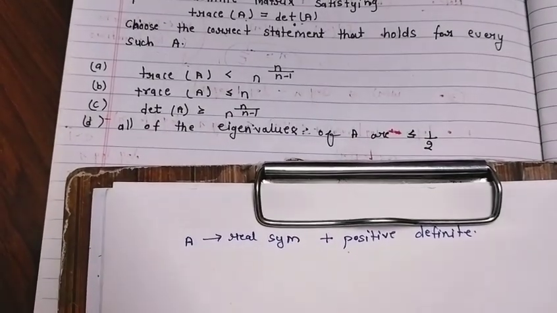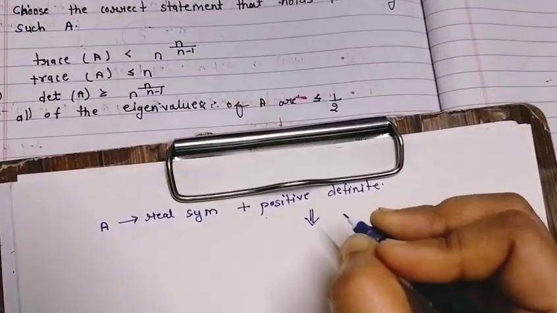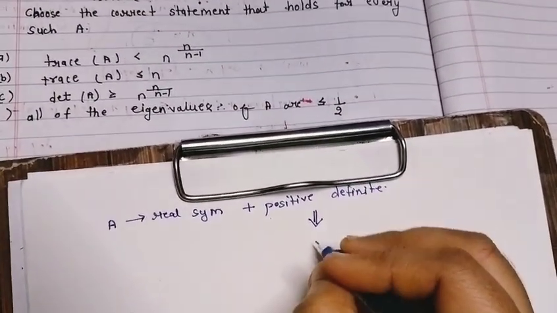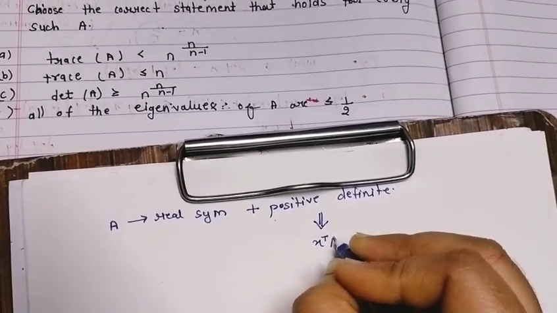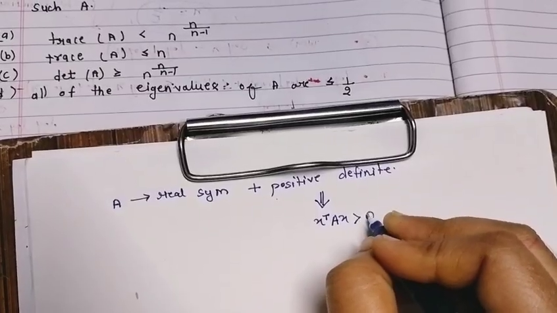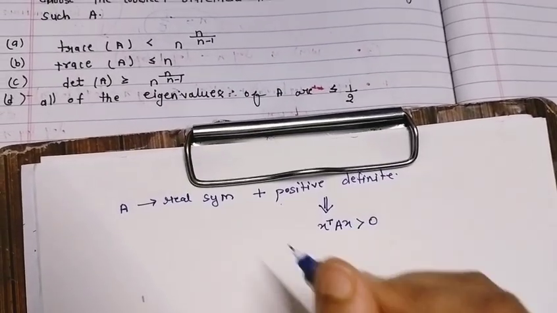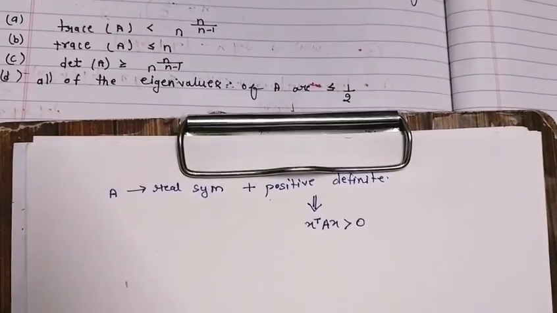So, what is a positive definite matrix? It is a real symmetric matrix which satisfies the condition X transpose A X is greater than 0. Here A is a real symmetric matrix.